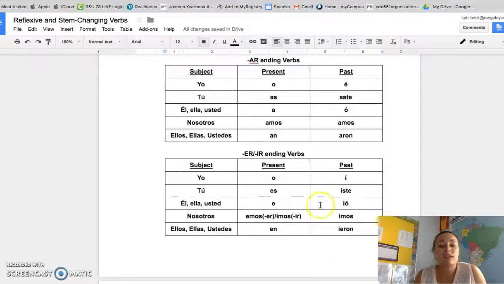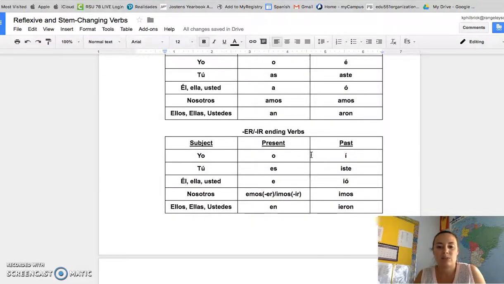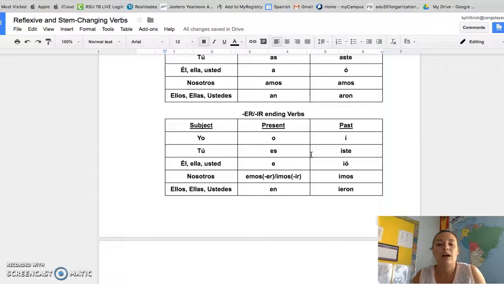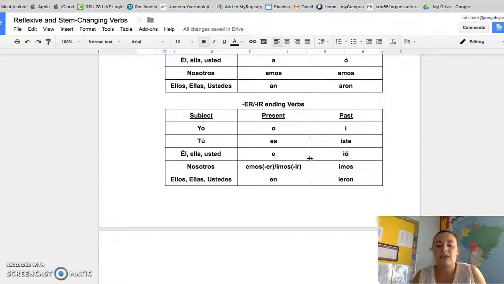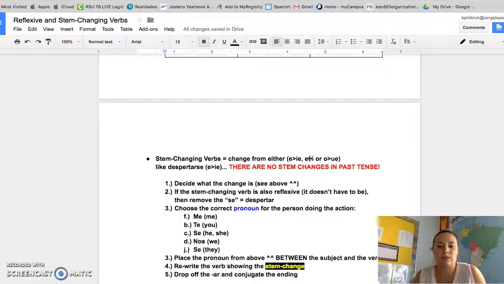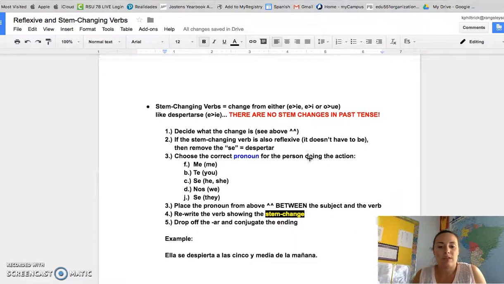And I'd like you to actually do it in present tense and not past tense. We can talk about past tense. I just put this on here so it's already here for you. But I'd like you to do it all in present tense. And then again, going back down here for stem changing. So hopefully that is a little bit easier for you. You have despertarse, to wake up.